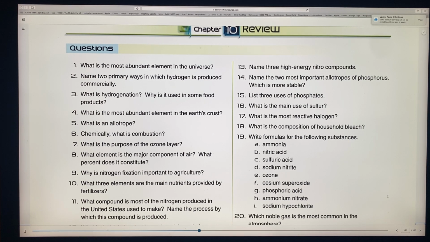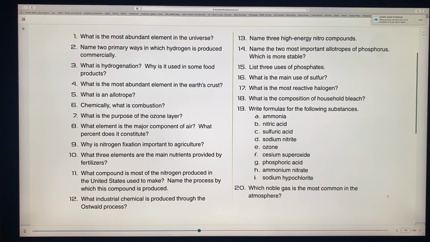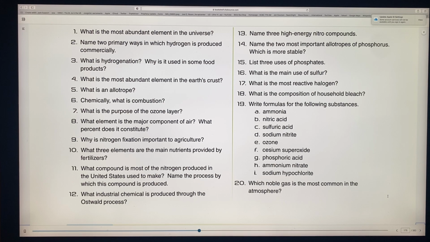Number 11, for what compound is most of the nitrogen produced in the United States used? To make ammonia. Nitrogen is used to make all kinds of ammonia, and the process it uses is called the Haber process. Remember I said hydrogen and nitrogen coming together to make ammonia is the Haber process.